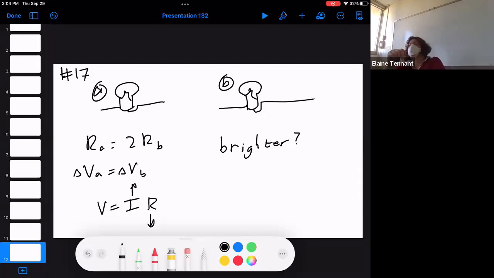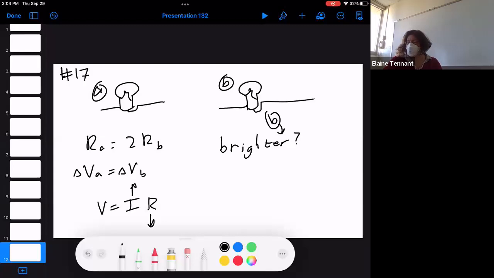And just so you know, more current means more brightness, because remember how I was talking about resistors taking that current, and that's where they get the energy, via that current. And so more current means brighter. So A has twice as much resistance as B, so B is going to be brighter.